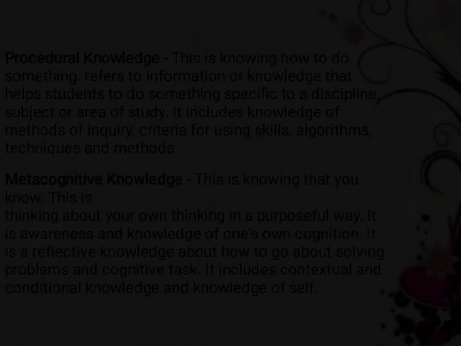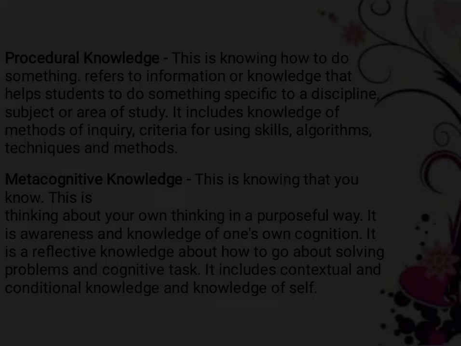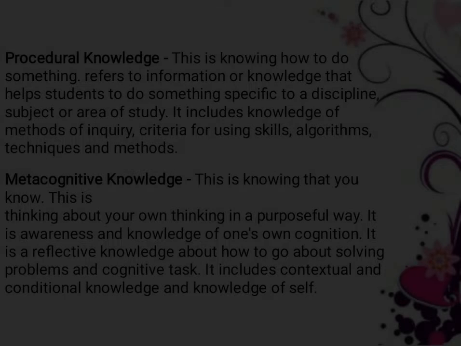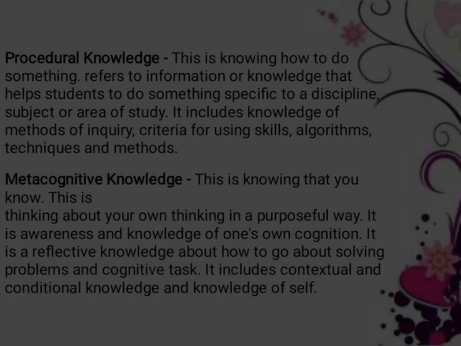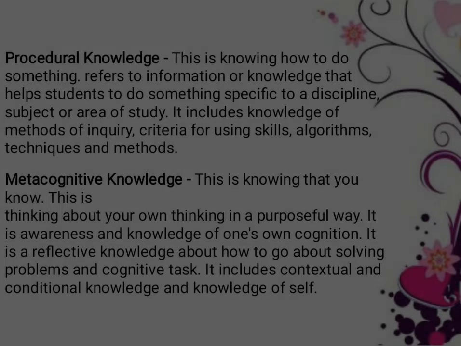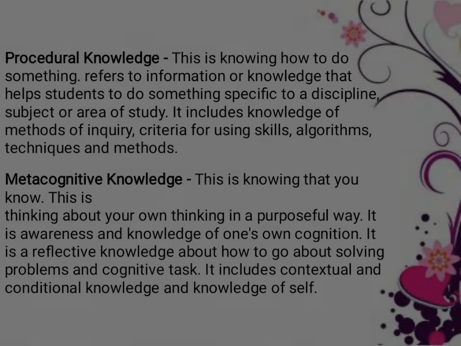Procedural knowledge is knowing how to do something. It refers to information or knowledge that helps students to do something specific to a discipline, subject or area of study. It includes knowledge of methods of inquiry, criteria for using skills, algorithms, techniques, and methods. While metacognitive knowledge is knowing that you know.